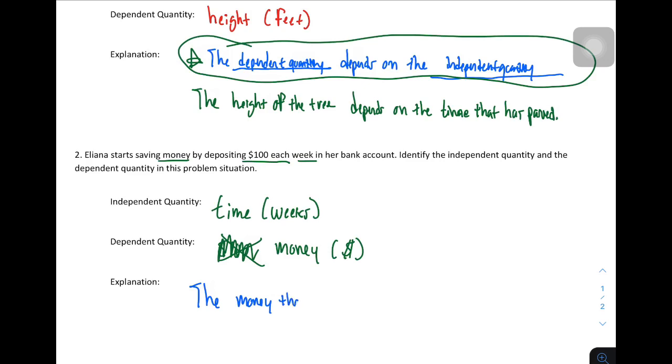The money that Eliana saves depends. For your explanation, you're always going to want to have the word depends in there in between your two variables. So the money that Eliana saves depends on the time that has passed.